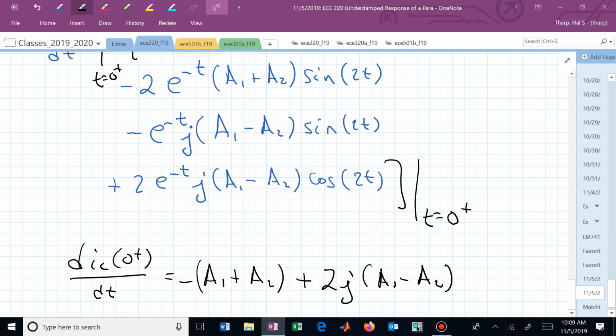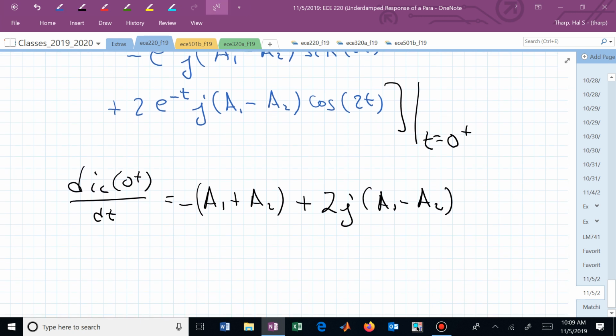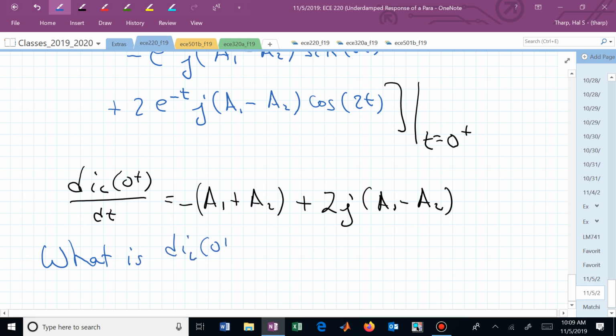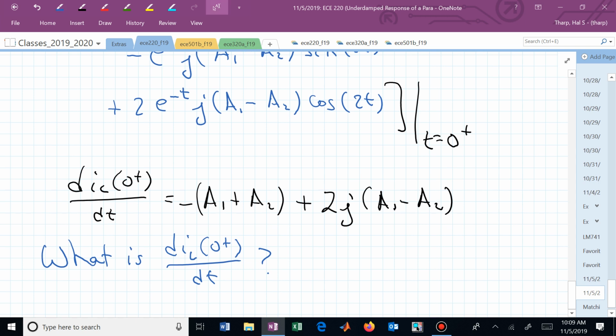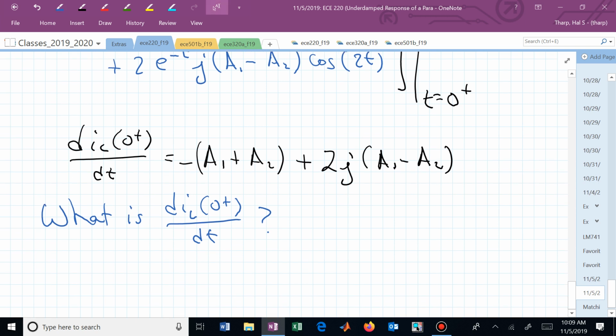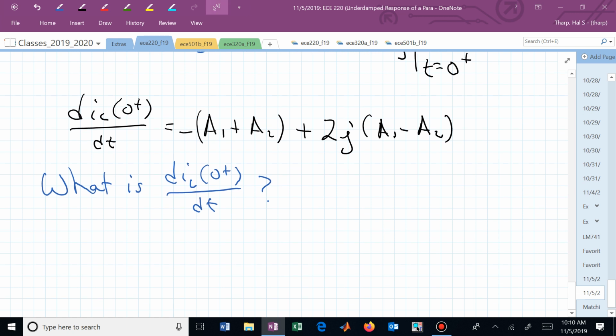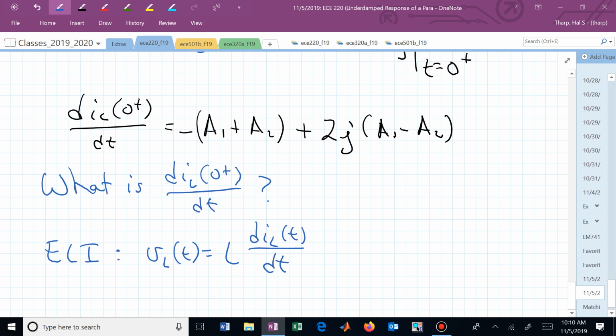And we can now go back to our circuit. We need to find what is di sub L's value based on our initial conditions. We were given the initial current on our inductor and the initial voltage on our capacitor, we know ELI, that's V sub L of t is equal to L di sub L of t dt. But everything was in parallel, so in this case, that's the same as our capacitor voltage.